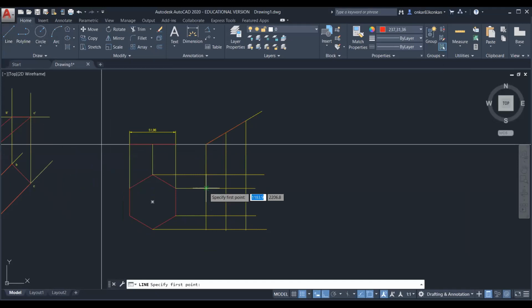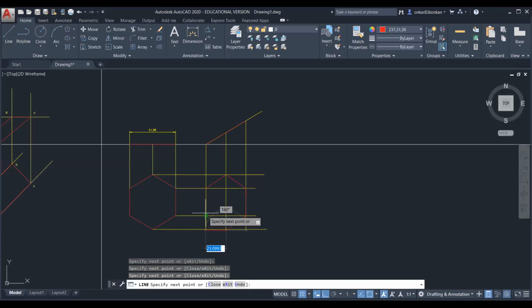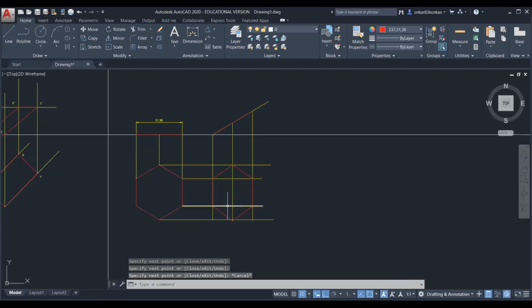And just connect these points. So this is the second stage top view. So you can observe the difference between first stage top view and the second stage top view. Okay. So the second stage top view is having the reduced length compared to the first stage.